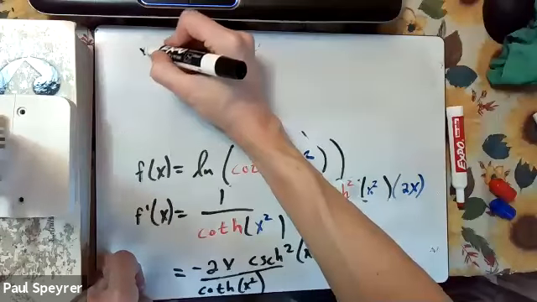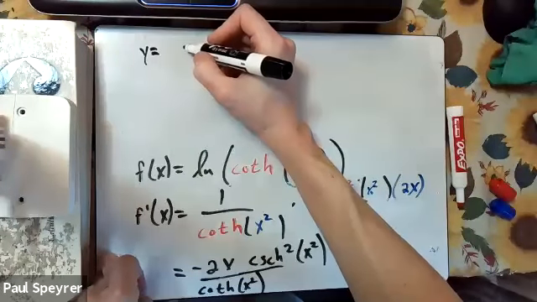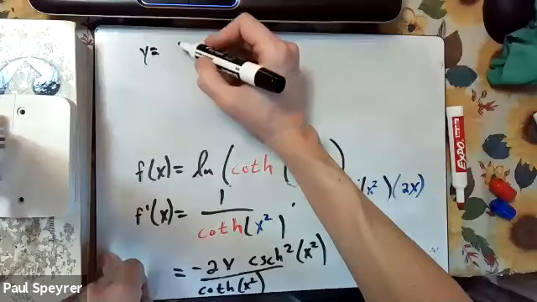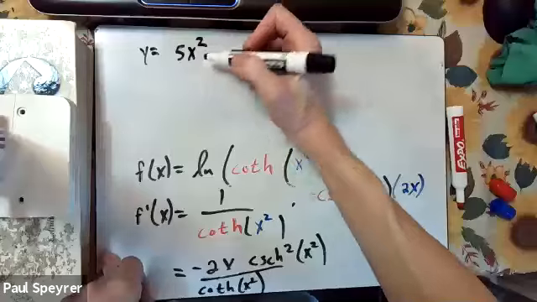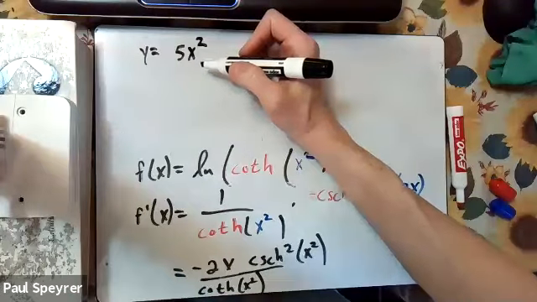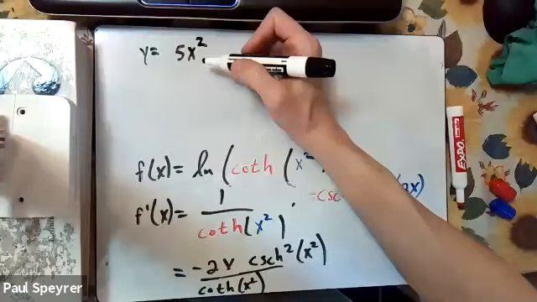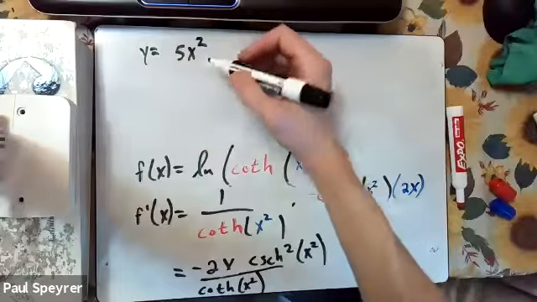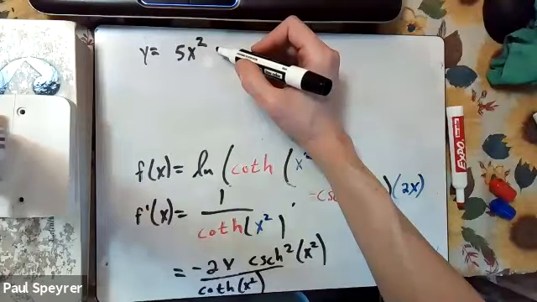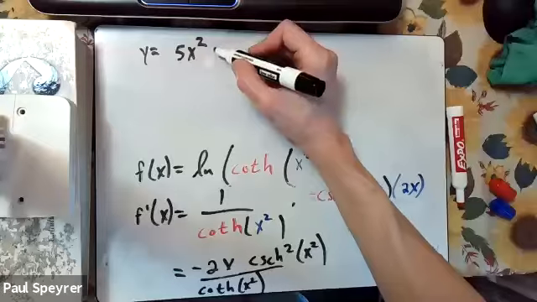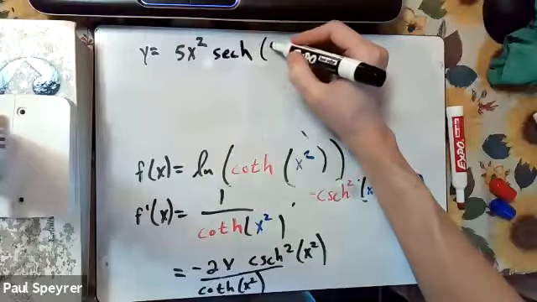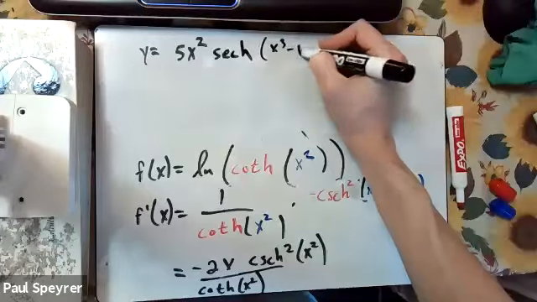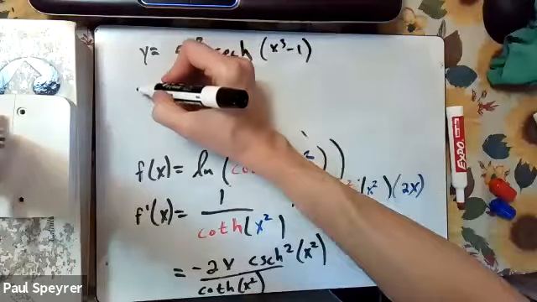What if we had y equals, say, 5x squared times hyperbolic secant of x cubed minus 1, something like that, and we want to find y prime?